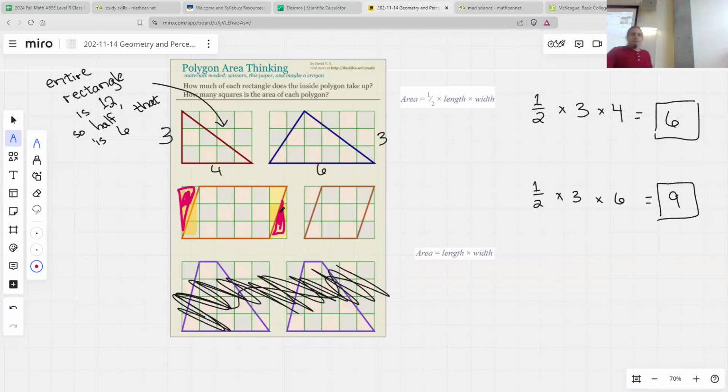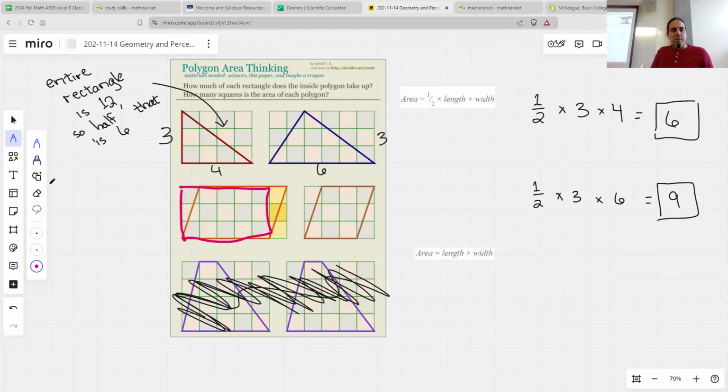So the parallelogram in orange is actually the same size as that rectangle, because I'm just taking this part and moving it. So whatever the size of this red rectangle is, that's the size of the parallelogram. We did that by physically cutting paper in class last time.